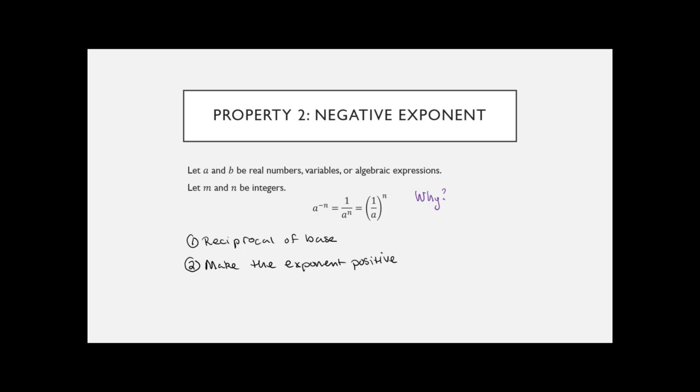So I'm going to go back to my pattern that I had before. 2 to the third power is equal to 8. 2 to the second is 4. 2 to the first is 2. And we know that 2 to the 0 is equal to 1. We just saw that on the previous slide. So then what is 2 to the negative 1?